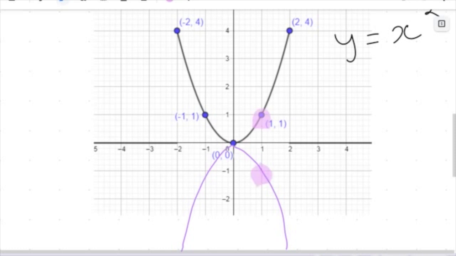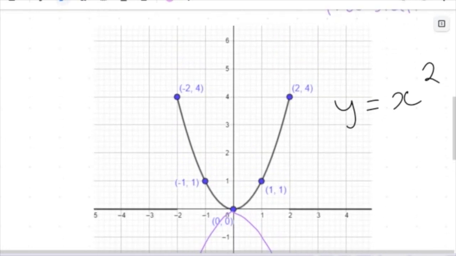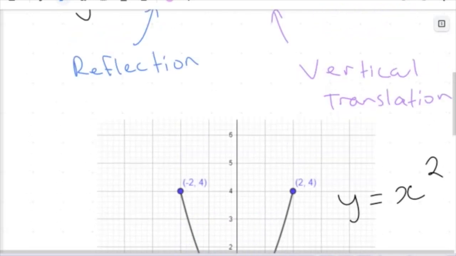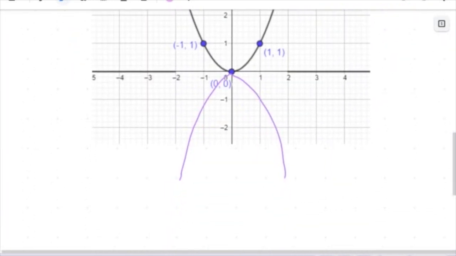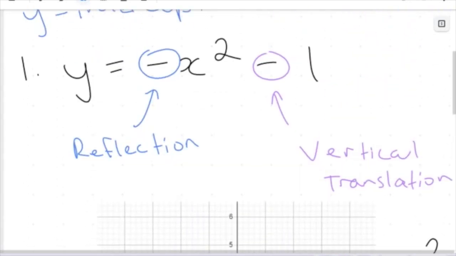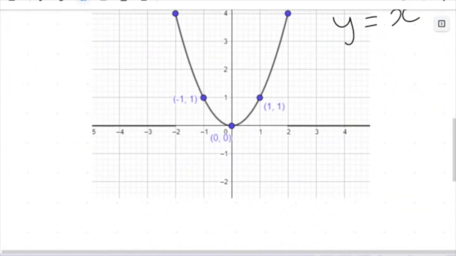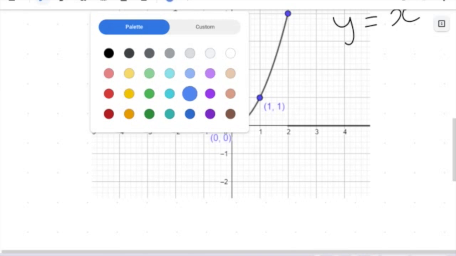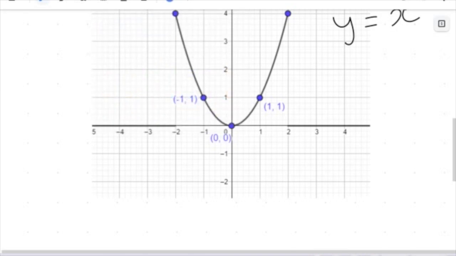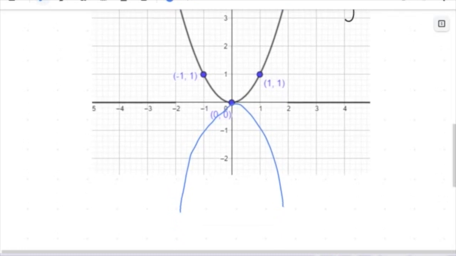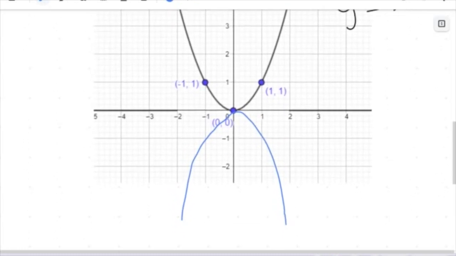This point has gone down to here, and this point up here has gone down to here. So I have done the first part of my transformation. I'm going to do this in the same color as I've written up here to show you the progression from transformation to transformation. So this guy here is my reflection.